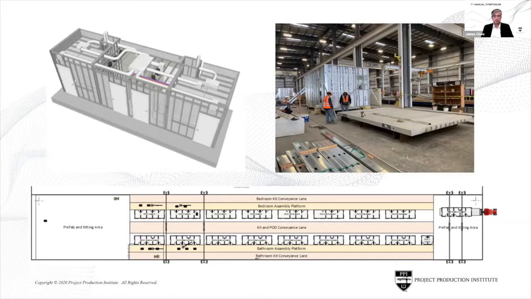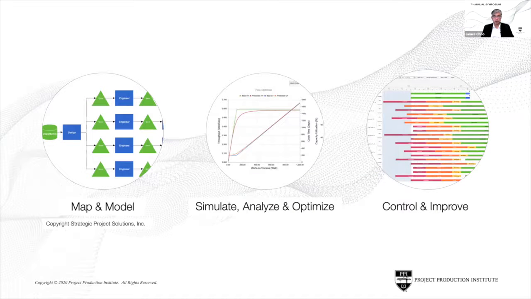So what we have done working together is take this picture and turn it into a model. The first step is to create a map and model, and then we're going to simulate, analyze, and optimize what that looks like. And then the third step is the control, so the production system behaves the way we want it to behave, right?